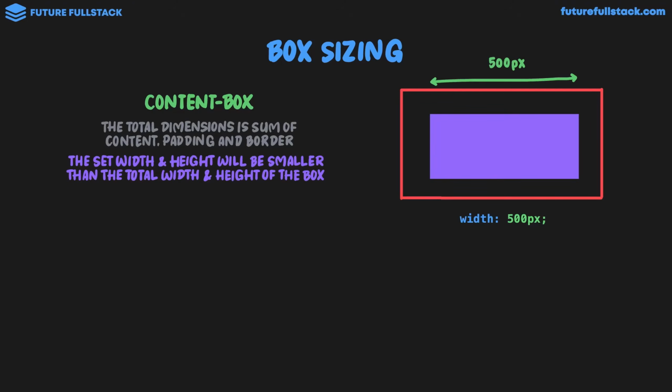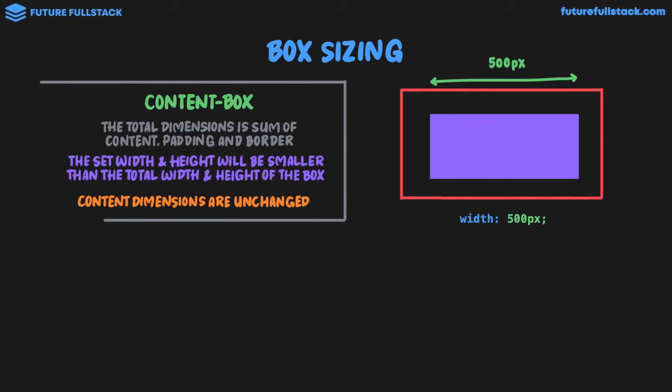So what I mean by that is the width we're defining in our CSS property will always be smaller than the total width, because the total width will include the width as well as padding as well as border. I also want to highlight that the actual content dimensions are unchanged. The width of the content is always 500 pixels.